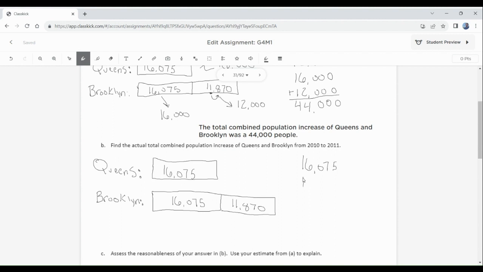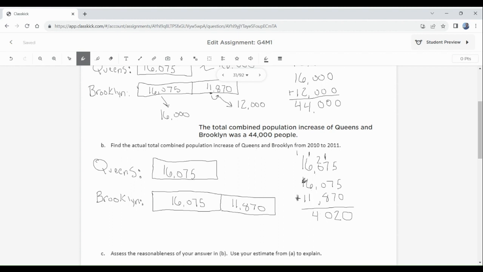16,075 plus 16,075 plus 11,870. Again, lining up my place values to make sure I'm adding ones to ones, tens to tens, hundreds to hundreds. 5 plus 5 plus 0 is 10. 7, 14, 21, plus another one is 22. 2 plus 8 is 10. 6 plus 6 is 12, plus 1 is 13, plus another one is 14.